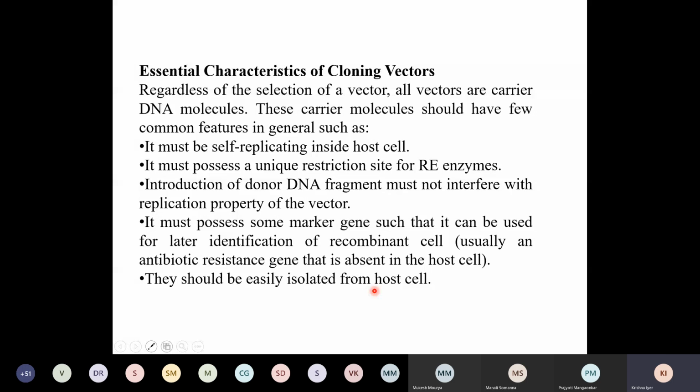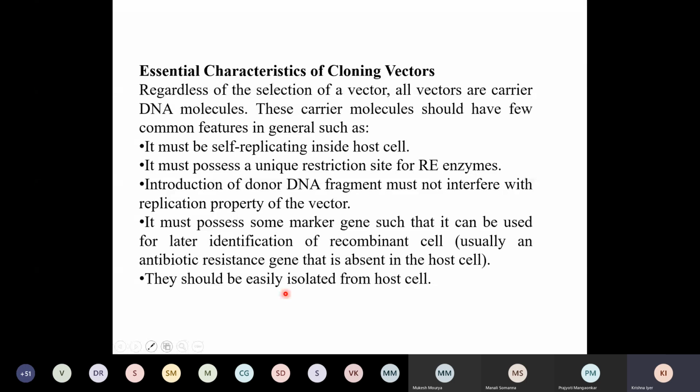So many times these plasmids are of no use to us. Although they have some properties, they don't have all the properties that you wish. So what people have done over the years is identify some very special plasmids which have certain properties which make them much easier to use in genetic engineering.